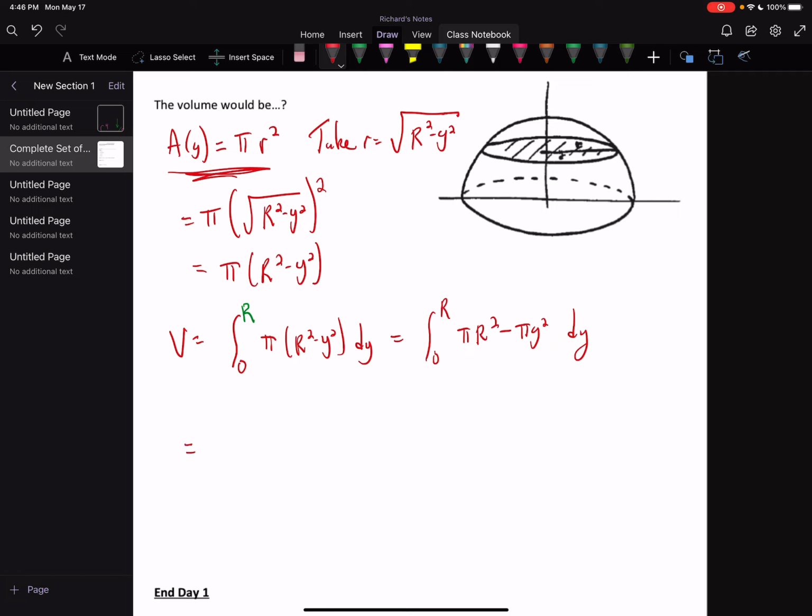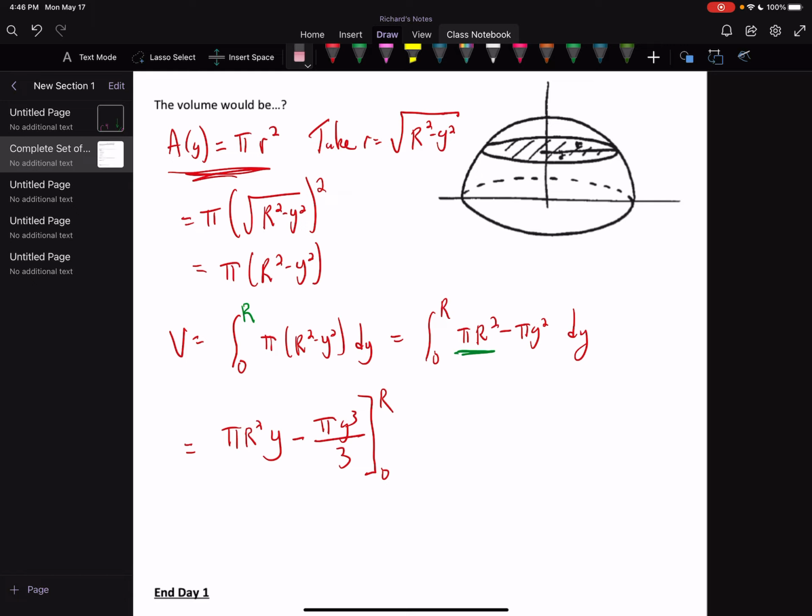This will be equal to pi R squared y minus pi y cubed over 3, and we evaluate this from 0 to R. So don't forget, pi R squared is a number, so the antiderivative of that, you include the variable, right? So it's no different than if we were asking to find the integral of 3. That would just simply be 3x, okay? So no big deal there.